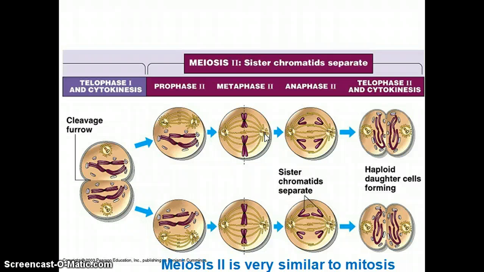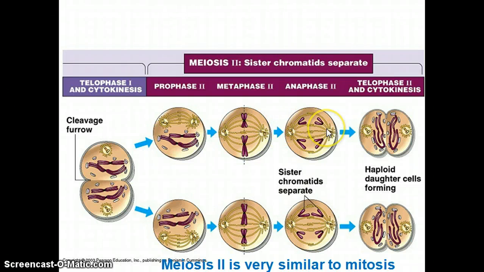Now it's important to note, and we'll talk about this a little bit later, that at this point these chromatids are not identical because something occurred in prophase 1 and back in meiosis 1 called crossing over, in which genetic information was traded between the homologous pairs. So it's important, and we'll talk about why that is a little later on.